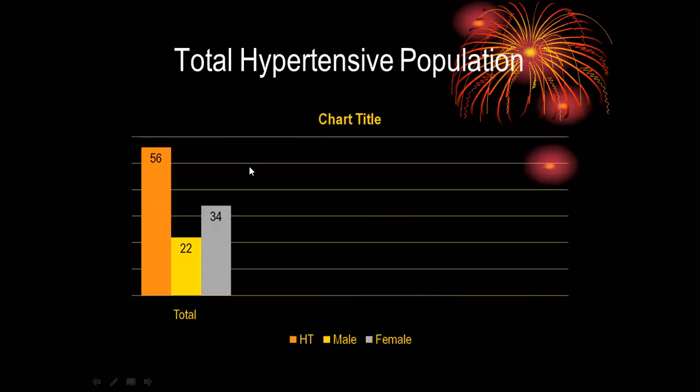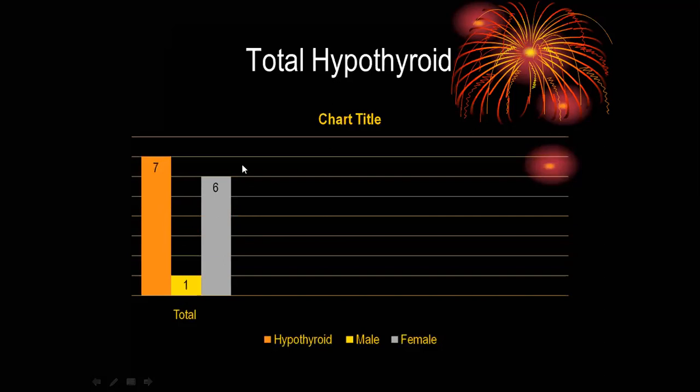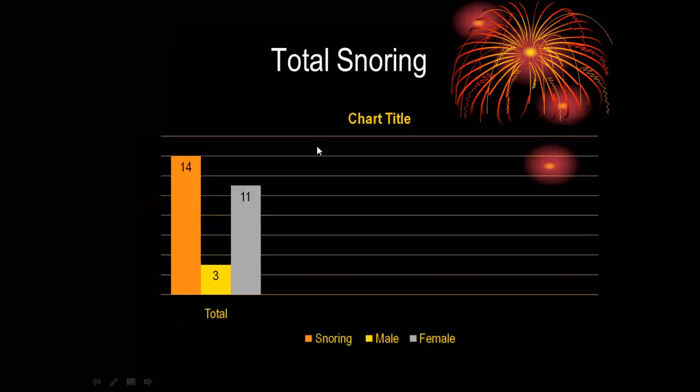Total hypertensive population, 56 are hypertensive. Out of that, 22 are male, 34 are female. Obesity, out of 79, 22 are male, 57 are female. Hypothyroidism, almost the same thing. And snoring, very little of the population could be studied for snoring because people do not agree that they snore at night.